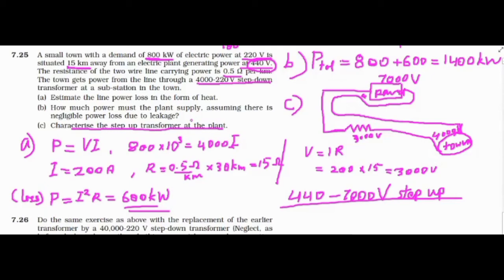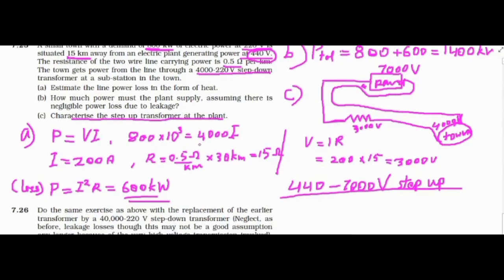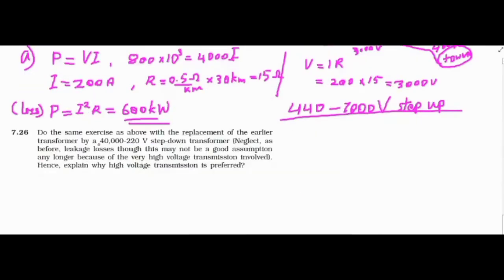The power reaches the town at 4000 volt in question 25, while in question 26 power reaches at 4000 volt. Okay, and you need to follow all the steps which we have discussed in question 25. Here the difference you can see: you will get a current of only 20 ampere, while in the previous question we got 200 ampere. What is the reason?